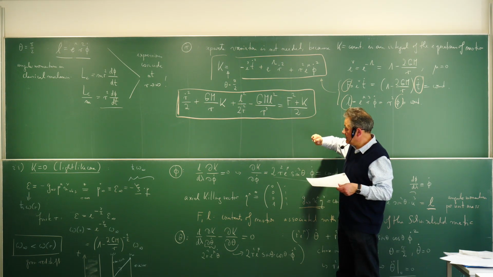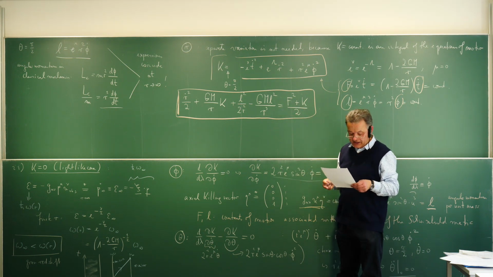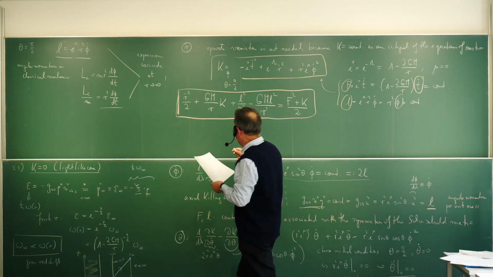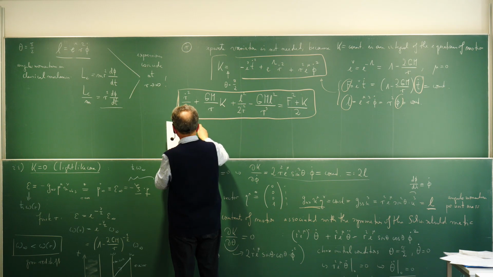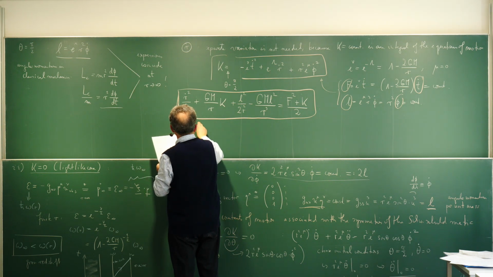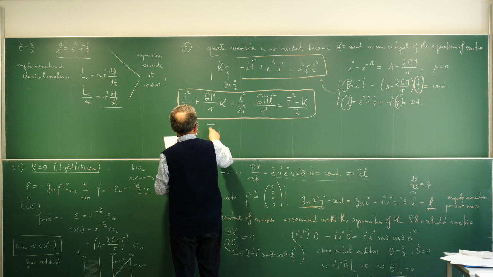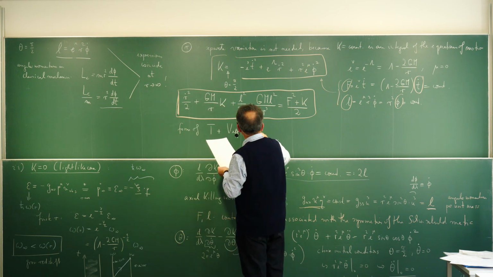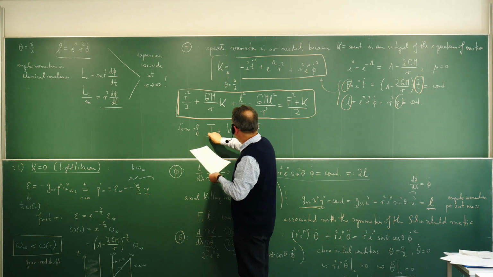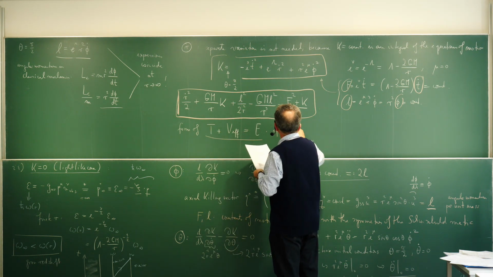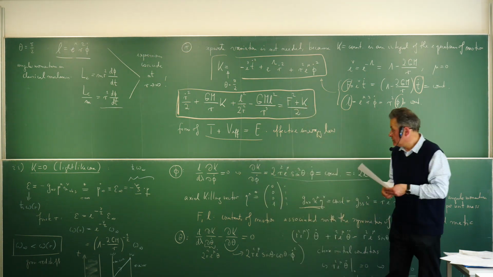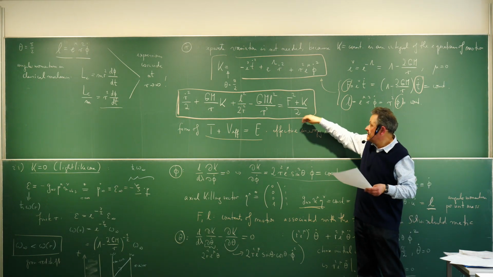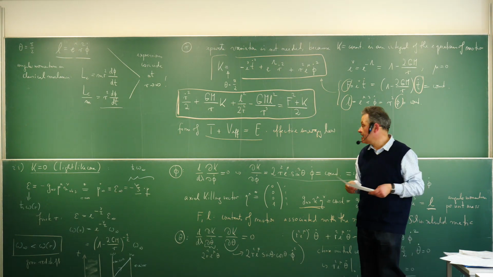And this is the energy law divided by mass, so per unit mass, so that you have a dimensionless form, and it has the form of kinetic energy, which we call T in classical mechanics, plus V effective is E. So effective energy law. Of course, it has only the form of an energy law, because this is not equal to F, for example. It's F squared plus k over 2.